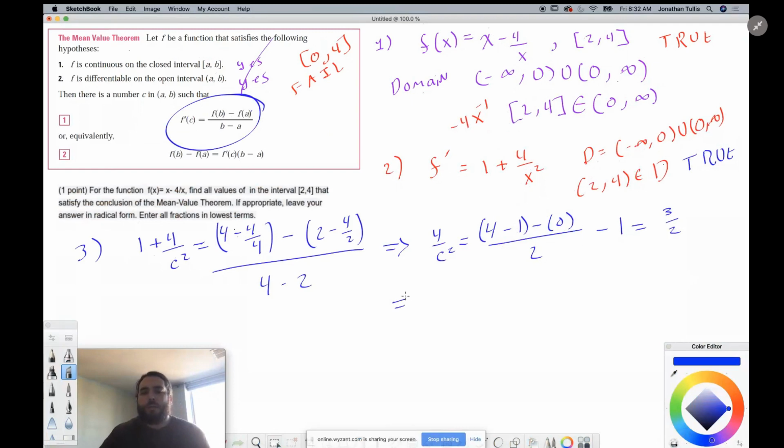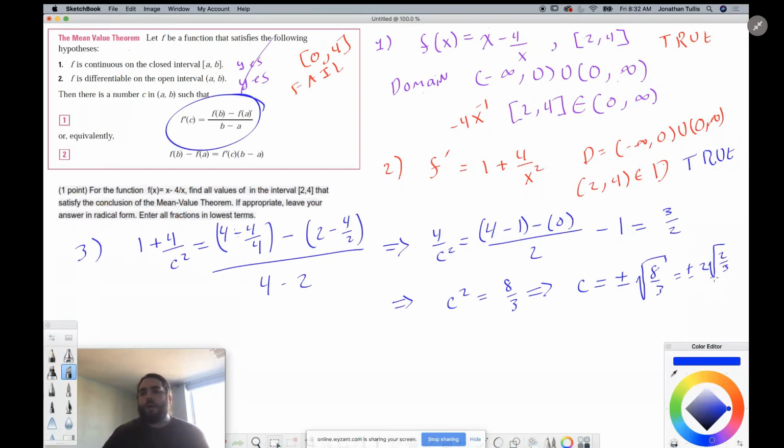That tells us c squared is equal to, I can bring the 4 down here and I'll get an 8. So c squared will be equal to 8/3, which tells me that c is equal to plus or minus the square root of 8/3, which is plus or minus the square root of 8, that's 2 cubed, so 2 can come out, and we'll have 2 root 2 over root 3, like so.